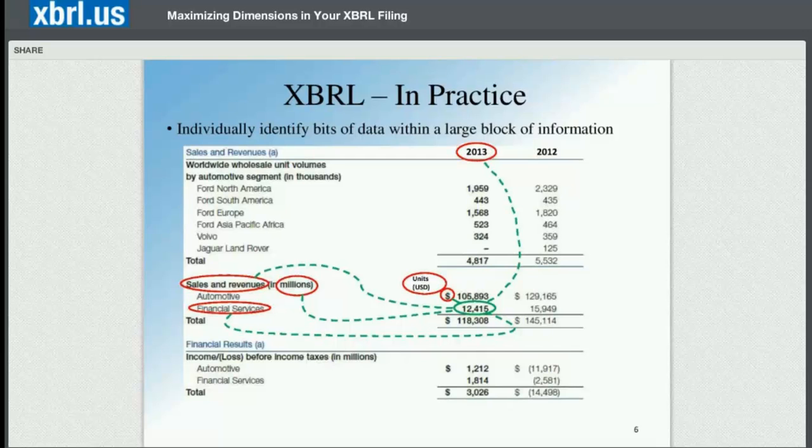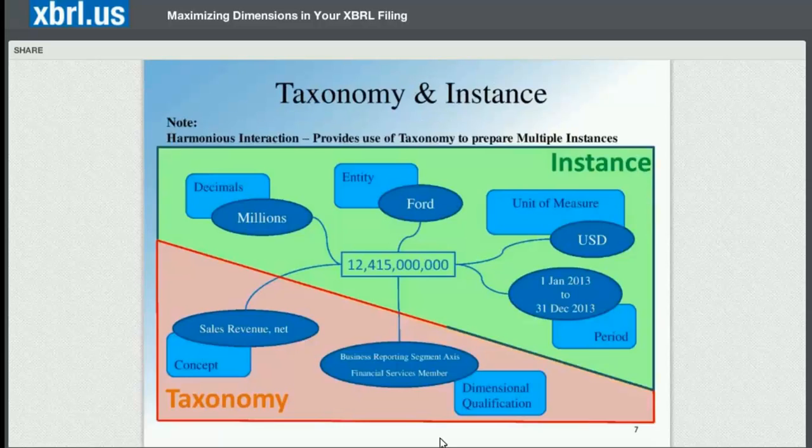So at a minimum, those four pieces of information go on every fact value in the instance, whereas the concepts, sales, the segment axis, and the financial services segment member are established in our taxonomy, and they are part of the structure that we will use and apply period over period.